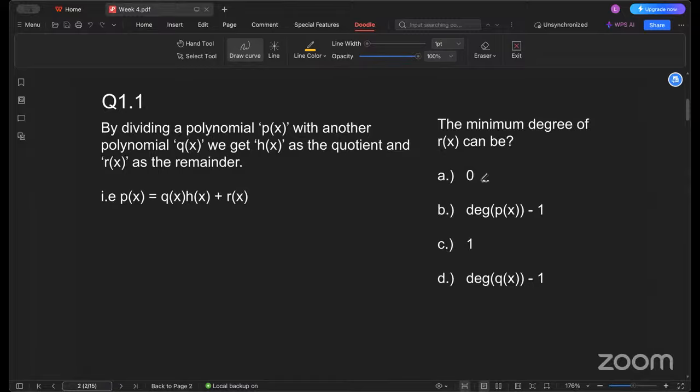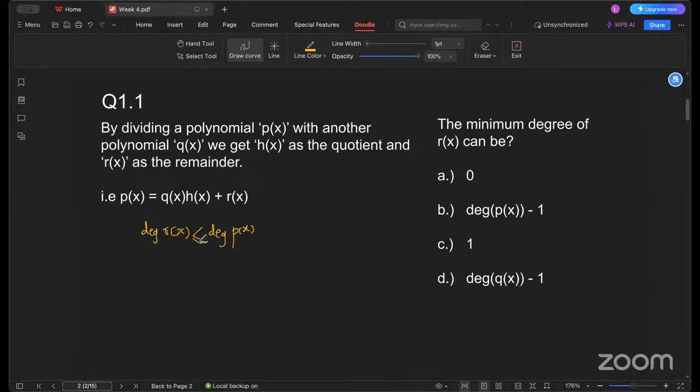So in that case, can we say that the minimum degree is 0? Yes, because what is the relationship we know between r of x and p of x? The degree of r of x and degree of p of x, which one is always smaller and which one is bigger? P of x will always be greater, or rather greater than or equal to, in fact.